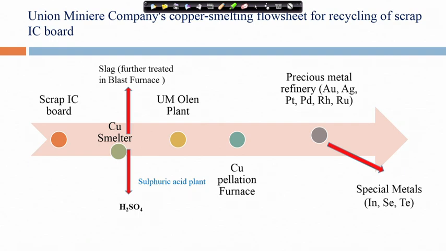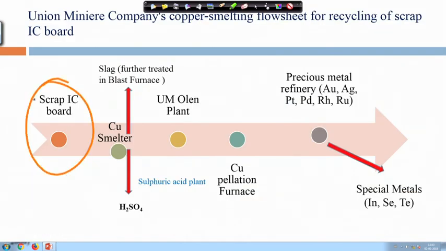This particular company is Umicore, and this is their copper smelting flow sheet, where again they are using scrap IC boards. So they have this scrap IC board to start with, and then the copper smelter, which produces the slag. The copper smelter uses a sulfuric acid plant. Then you have the slag, which is further treated in the blast furnace.